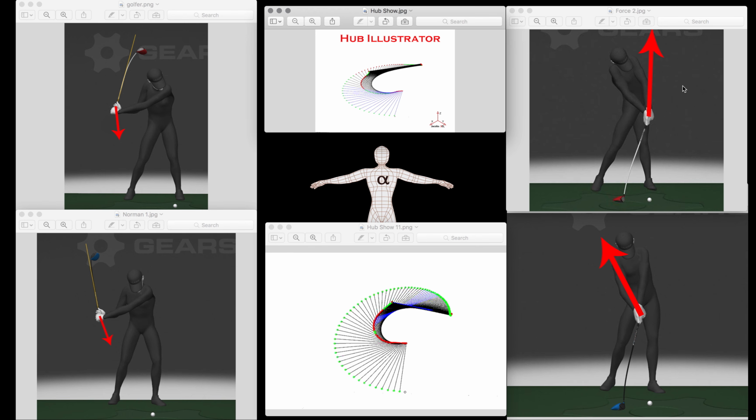So this difference shows us clearly that you have two high-end players here. Granted, one's the greatest driver of all time, and one was probably one of the greatest college players of all time here, or at least in the past 10 years. And look at the total difference in how the golfer is applying the force to their club.